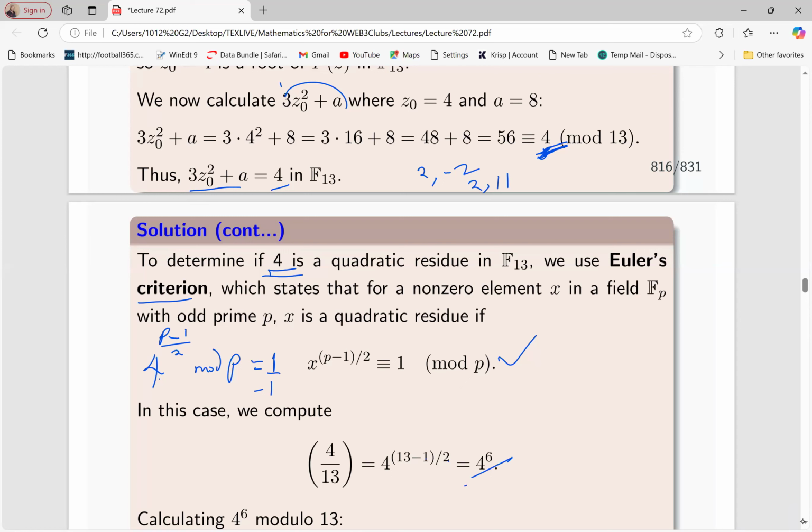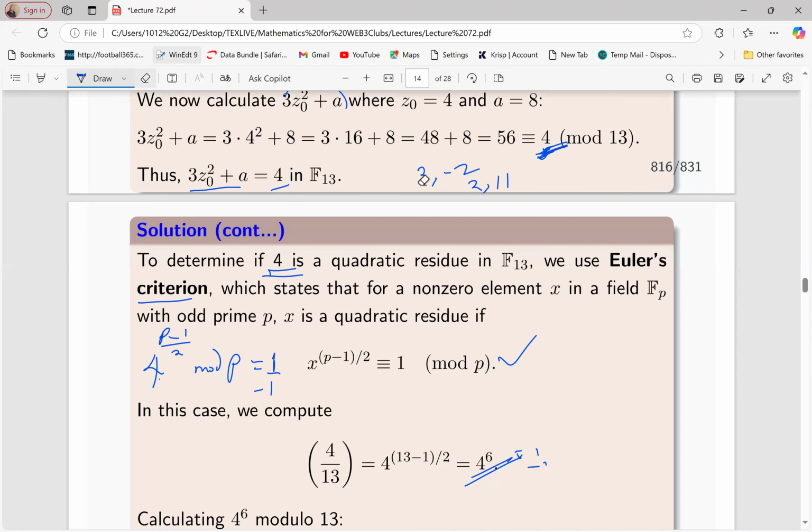So we want to determine whether 4 raised to 6 is 1 or negative 1. If 4 happens to have a square root, then the third condition will have been satisfied. But if it fails, then that condition will have failed, and therefore we cannot convert to Montgomery.